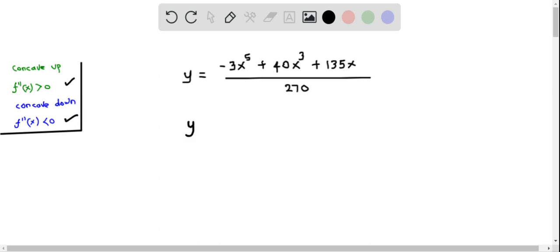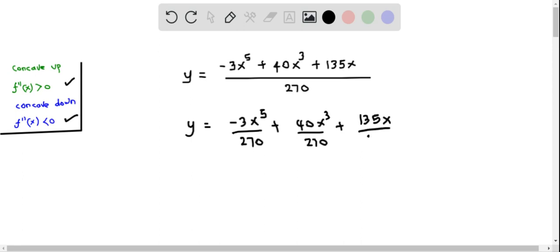First, I'm going to write this in a simple form. I can write this as negative 3x to the power 5 divided by 270, plus 40x cubed divided by 270, plus 135x divided by 270. And so we can simplify these fractions.